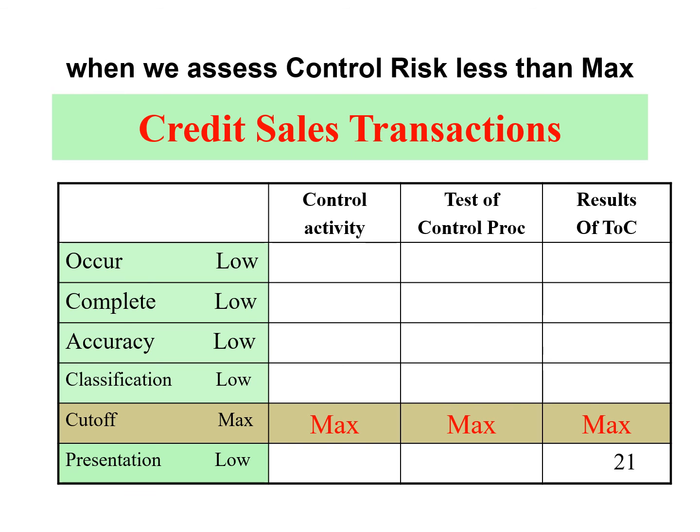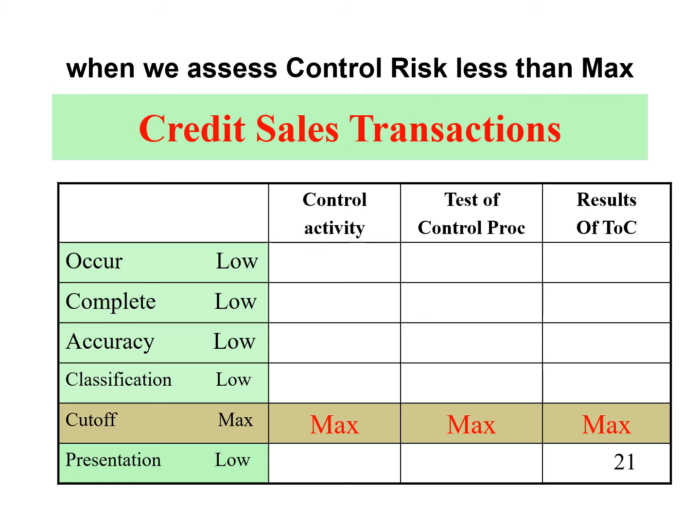Completeness. What does completeness imply? Well, completeness implies that every transaction, every sale got recorded. So I might say, oh gosh, I want to make sure the control activity is that there's an invoice for every shipping document and an entry in the sales journal for every shipping document.